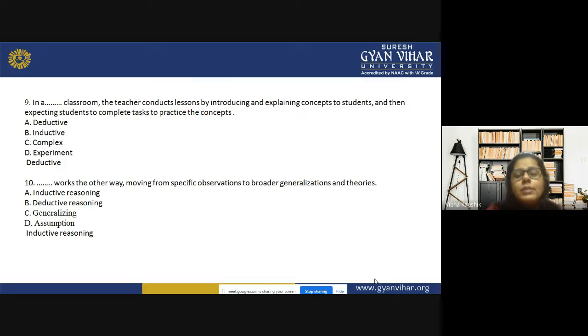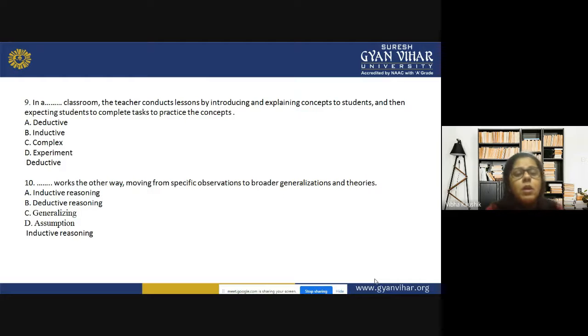The teacher teaches the students a particular lesson by introducing and explaining concepts to students, and then expects students to complete tasks to practice the concept. In the end it was expected from the students to complete the tasks which were given to them to practice the concept which they have learned.